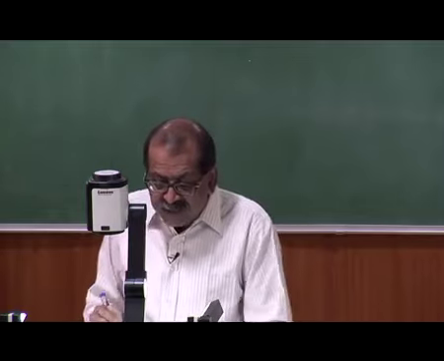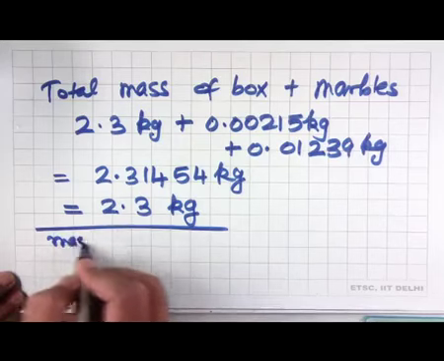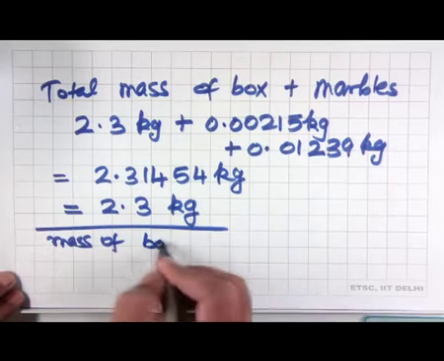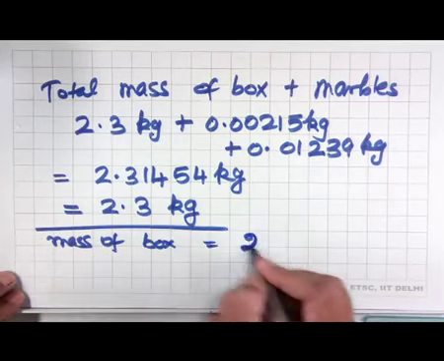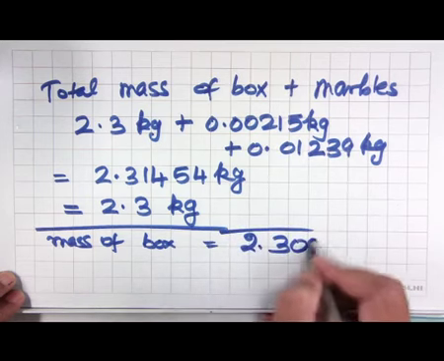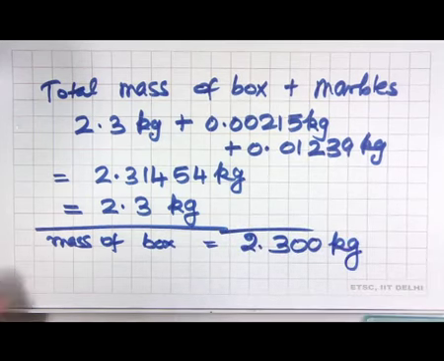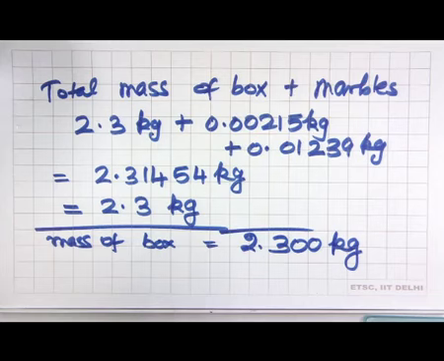Now, we make a small deviation to the question. Suppose the mass of the box was given as 2.300 kg. How will this answer change?